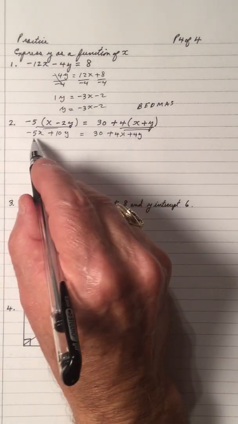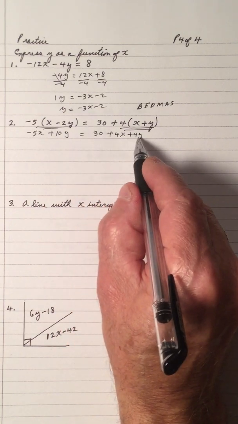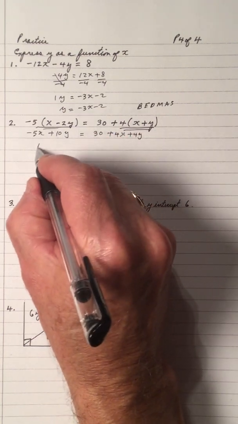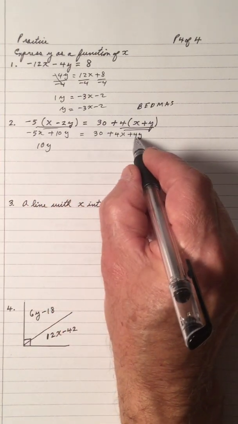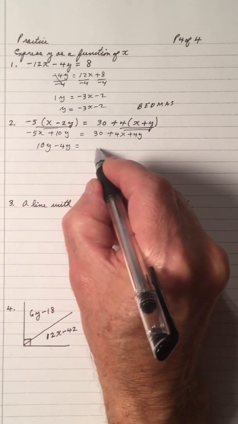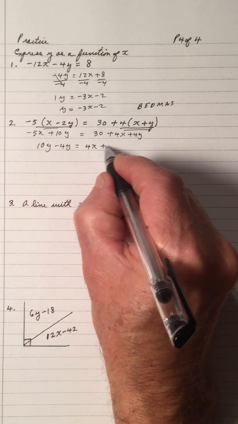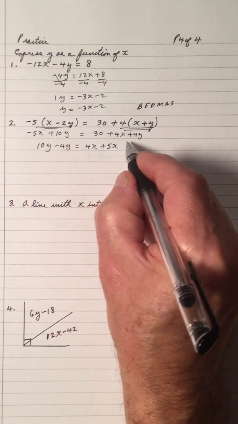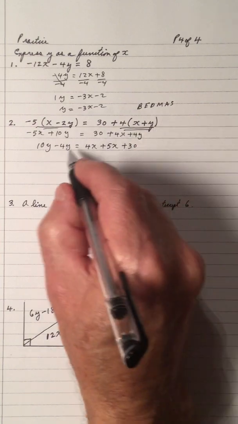Now, x and y can't add together. 4x and 4y can't add together. So the y's are going to go on the left side. So 4y becomes minus 4, transposition. I have a 4x here. The negative 5 is coming over to the right, changes to plus 5x. And the 30 doesn't change because it's already on the right.